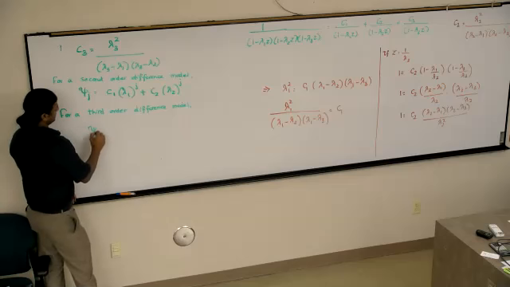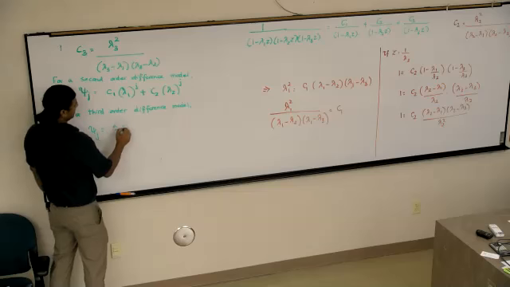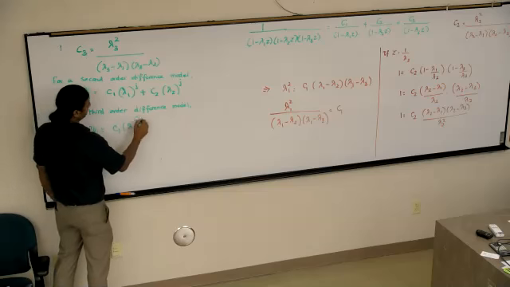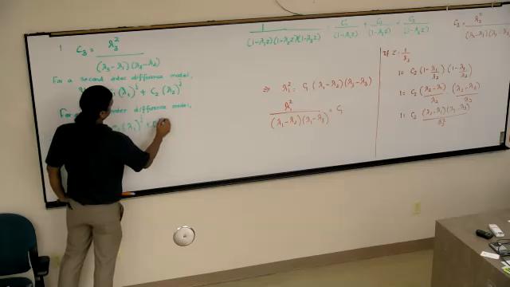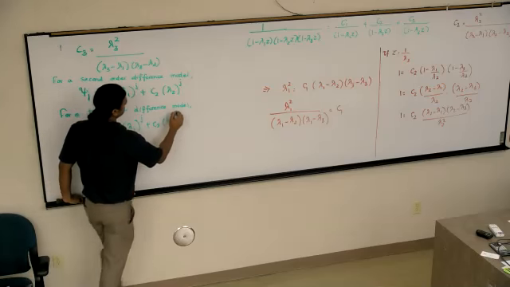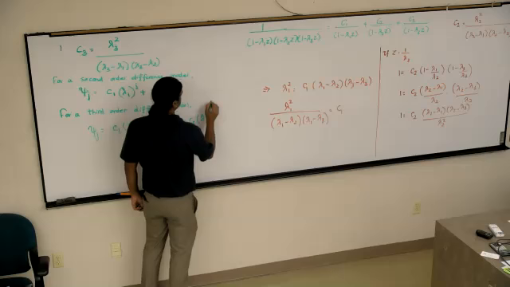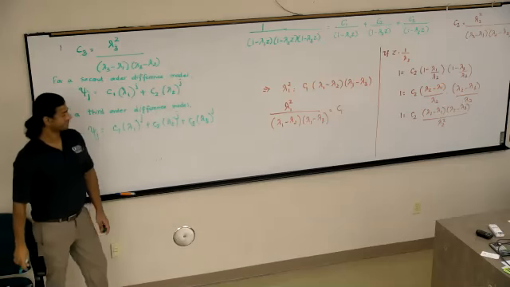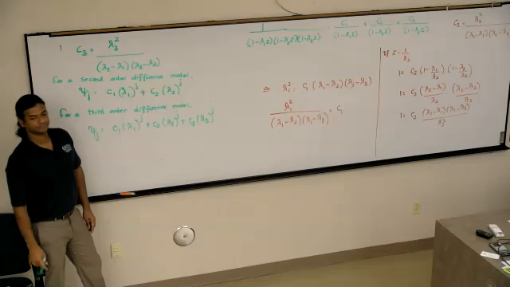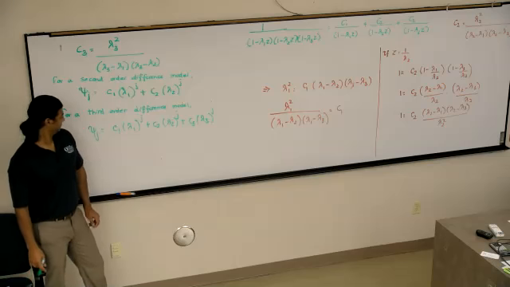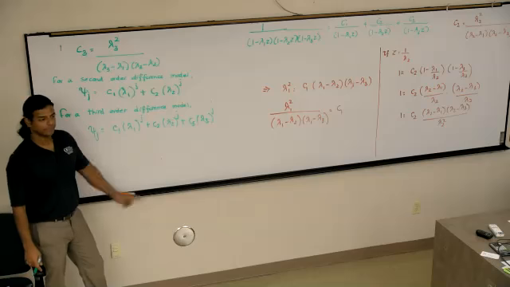Yes. So psi j would simply be C1 lambda 1 raised j, C2 lambda 2 raised j, C3 lambda 3 raised j. Good.